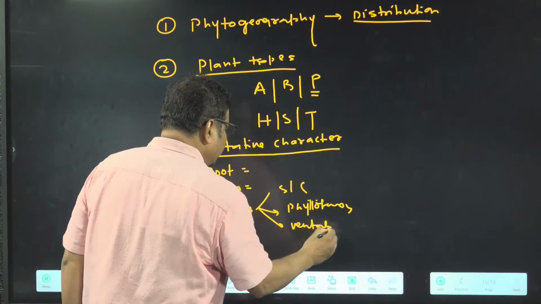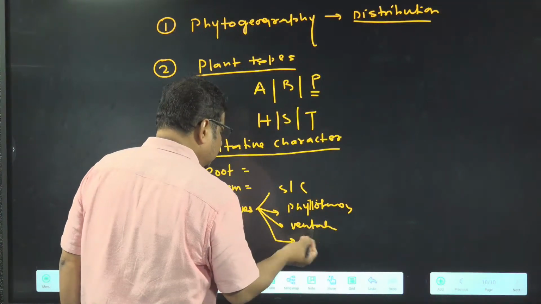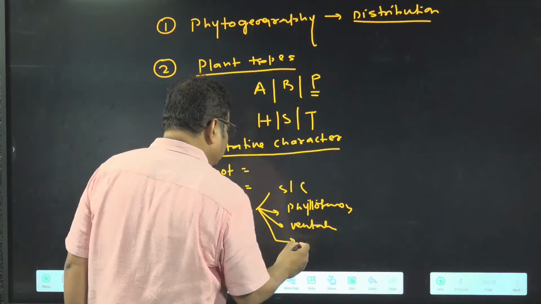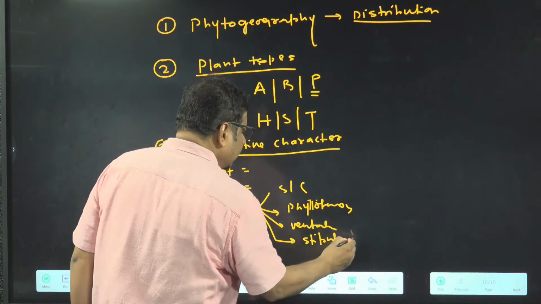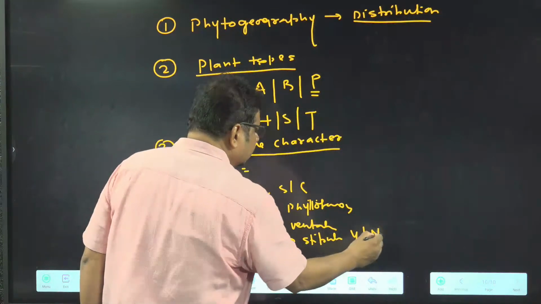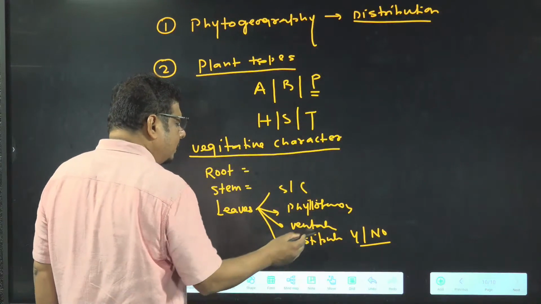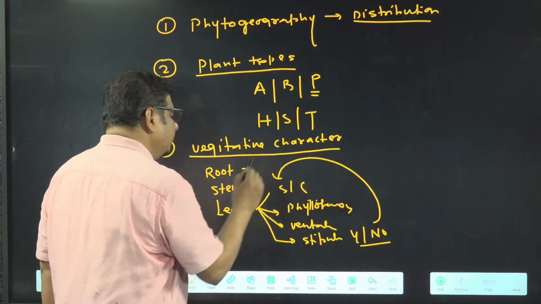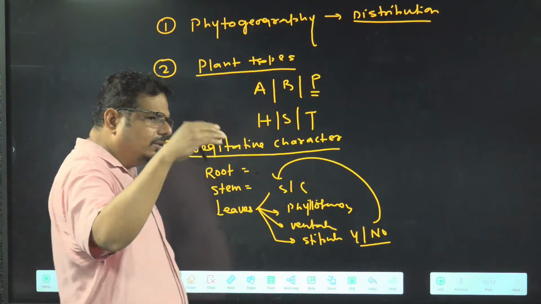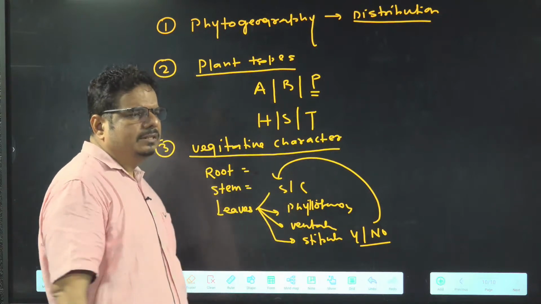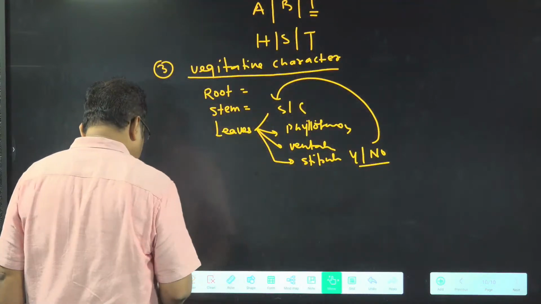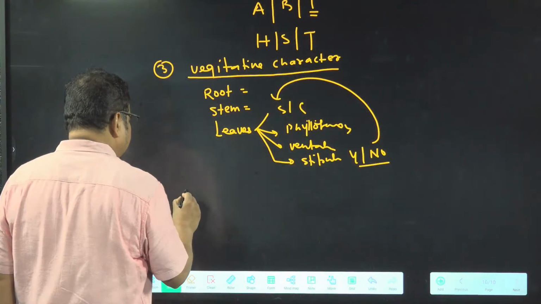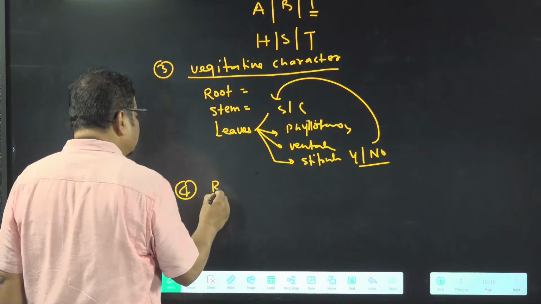You have to say whether stipules are there or not, yes or no. These are the things you have to say. And it is better to write the stipules first, very first: either stipules are there or not, and then you write about all this sequence. Getting the idea? So after the leaf, vegetative character is completed.